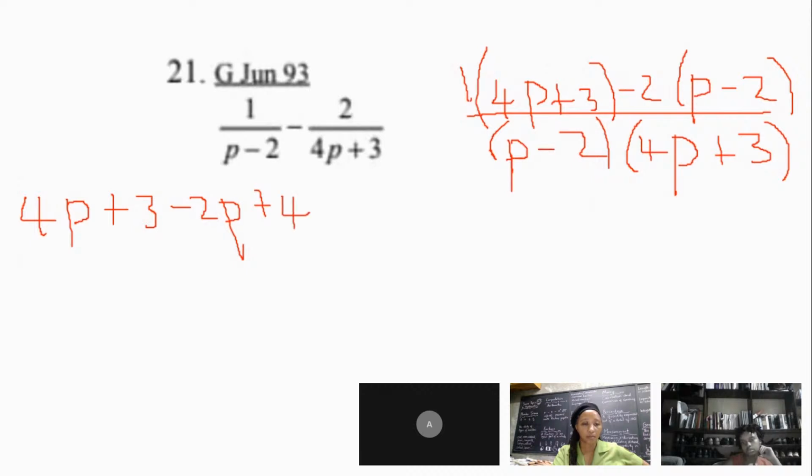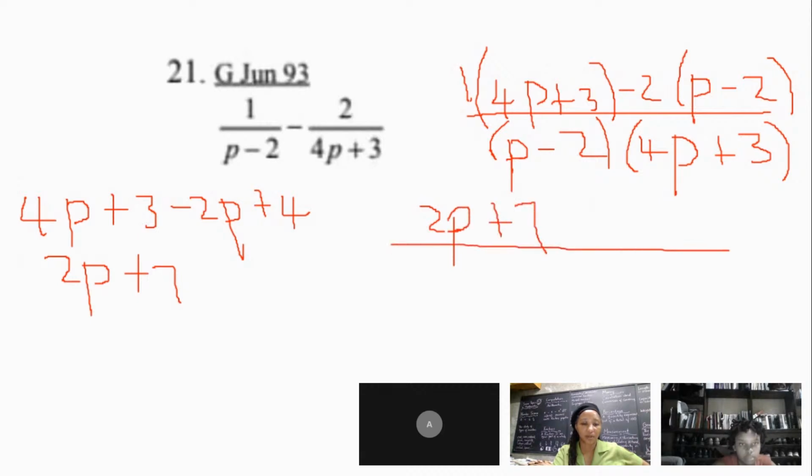So when we expand that now, we're going to simplify. 4p minus 2p is 2p, plus 3 plus 4 is 7, all over p minus 2 and 4p plus 3. So 2p plus 7 over p minus 2 and 4p plus 3.